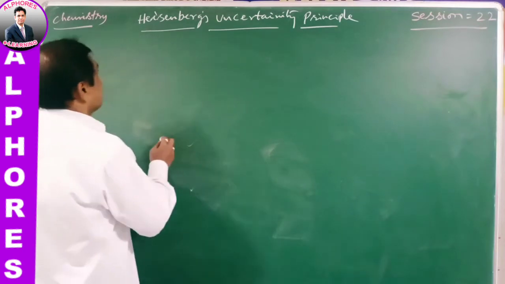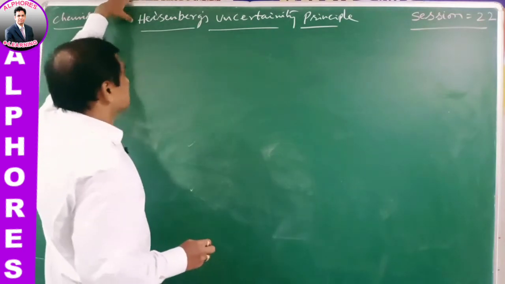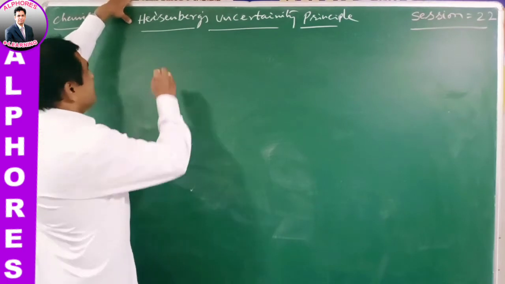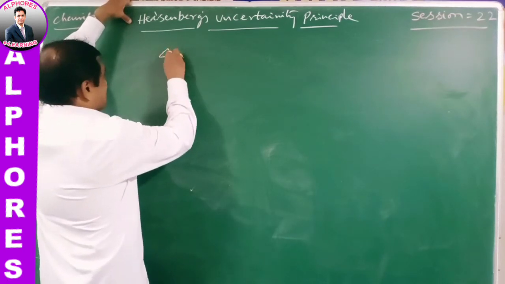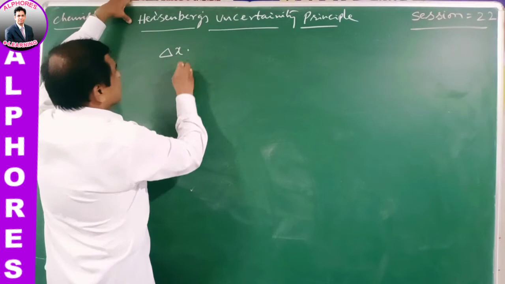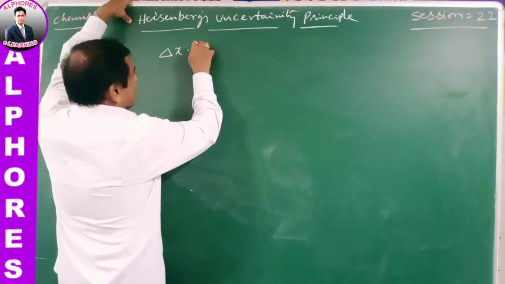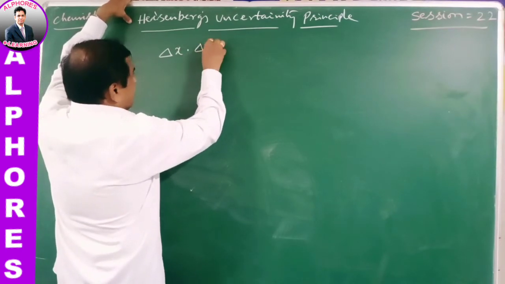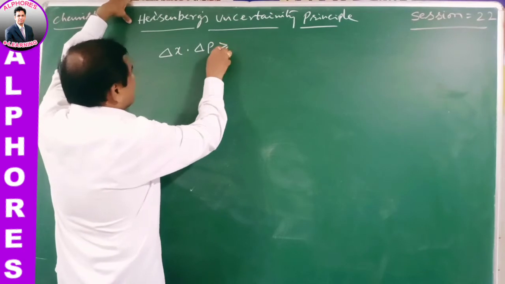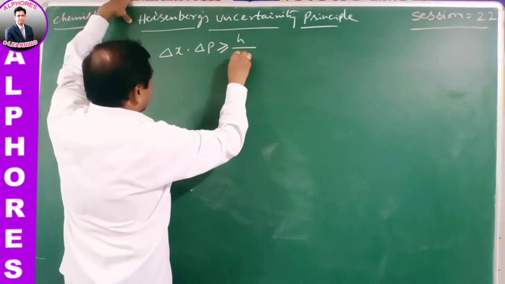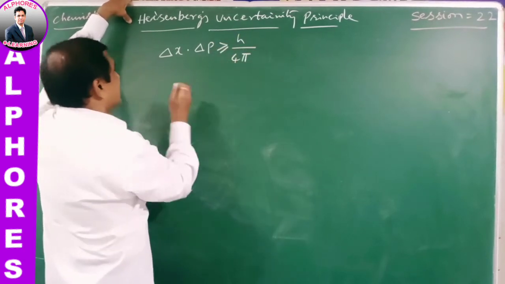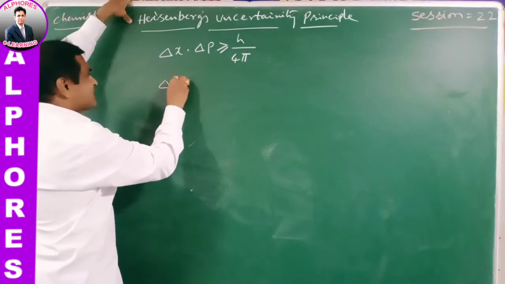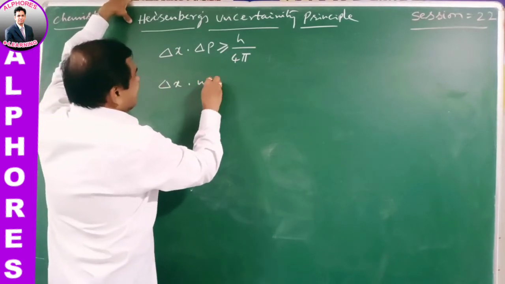Mathematically, the Heisenberg uncertainty principle is given by the expression: delta x into delta p greater than or equal to h by 4 pi, or delta x into m delta v.